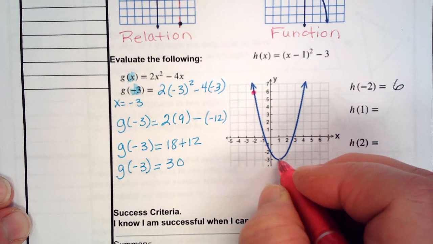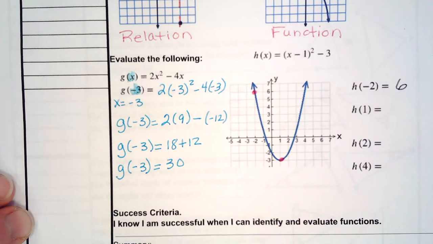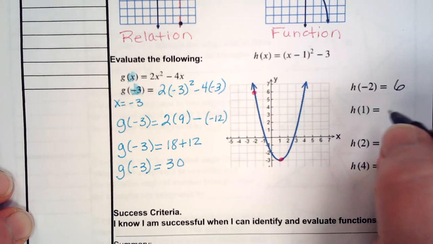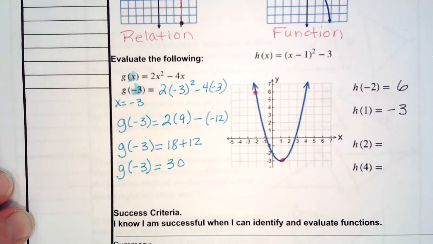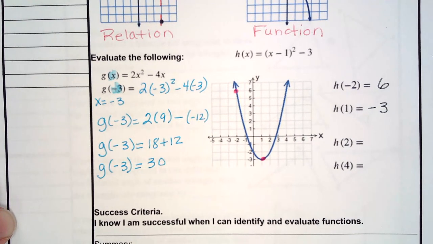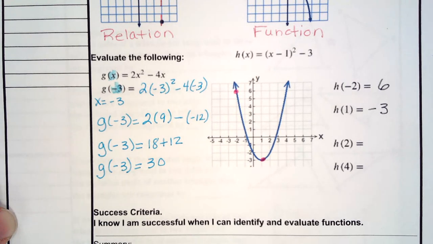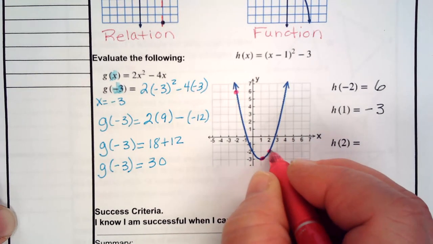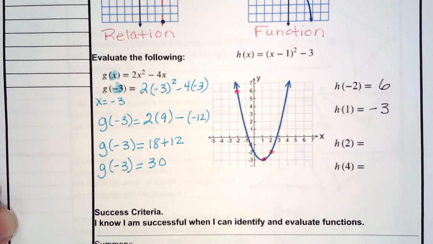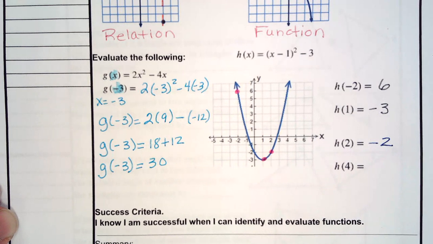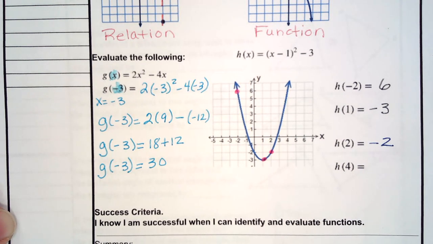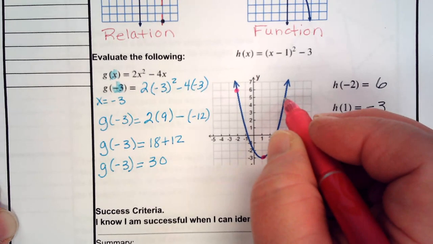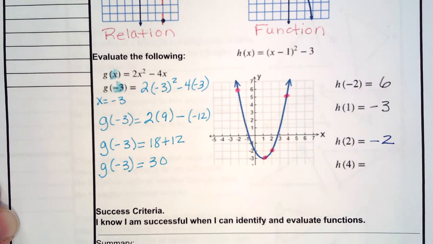Here's 1, I come down here, my output is negative 3. Okay, what is the output when x is 2? When x is 2, my y value is negative 2. What about 4? My output is 5.